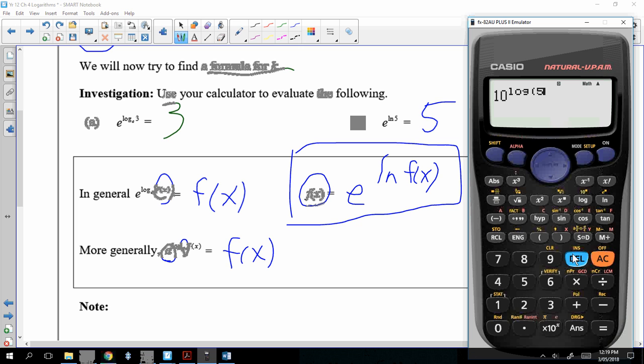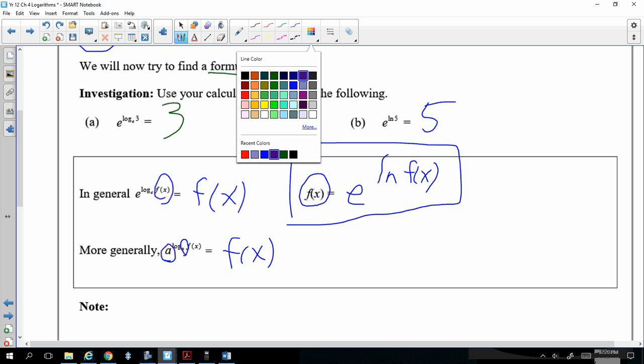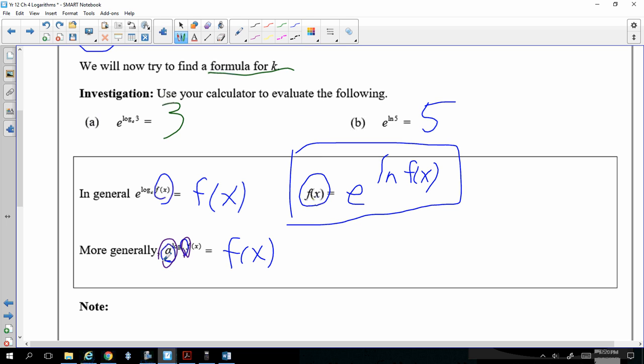If I do ln 5, it doesn't work. The base has to match for it to work. So for example, I could do 10 to the power of log base 10 of 5. Both have to be 10, and you will get 5.